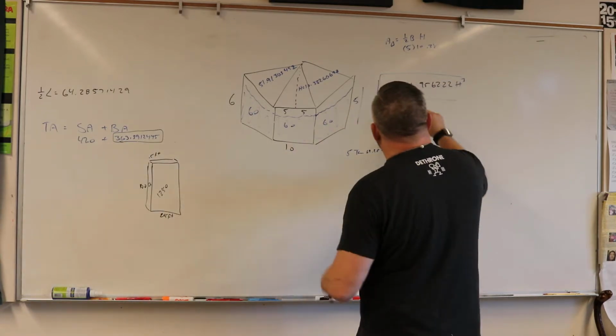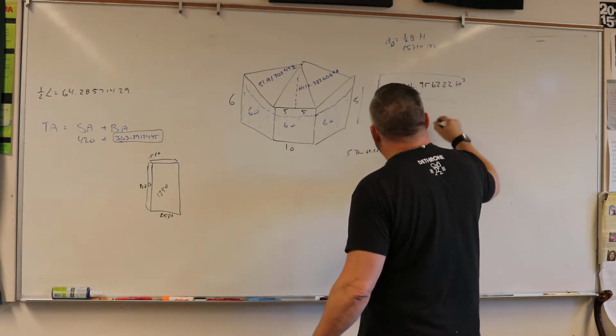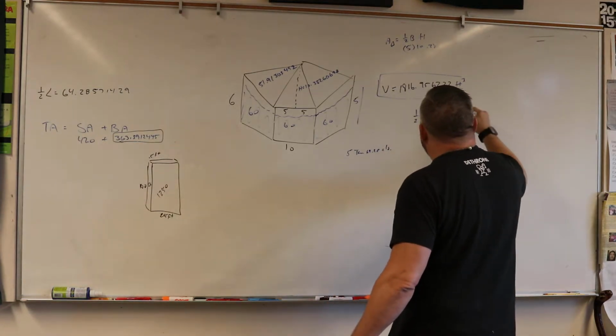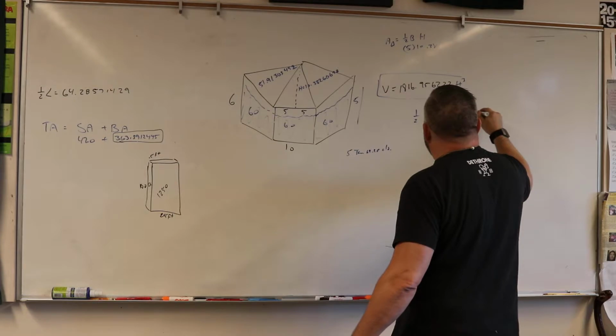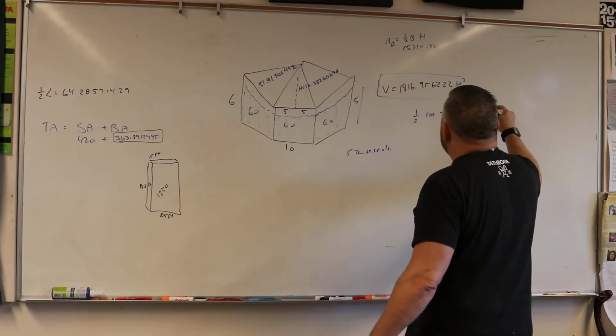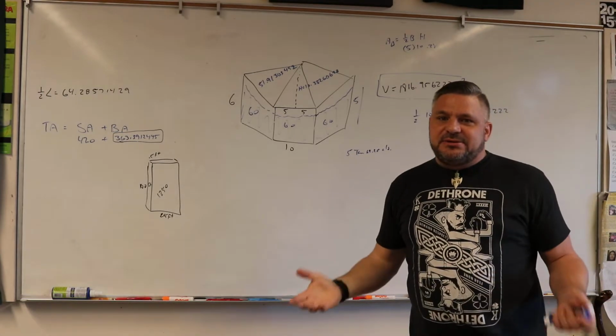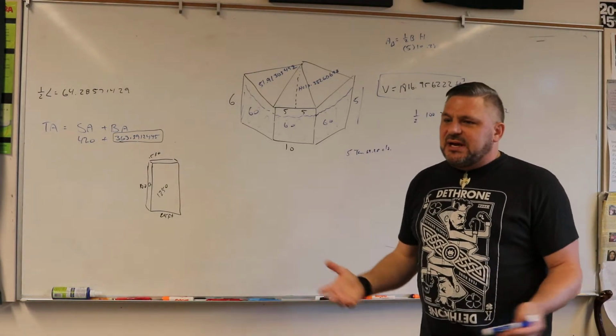So 1/2 times 100 times x should equal 1816.956222. And that's the easiest way to do that. It just is a nice way.